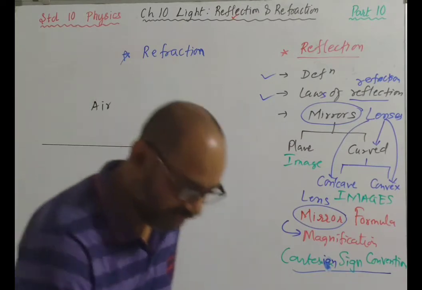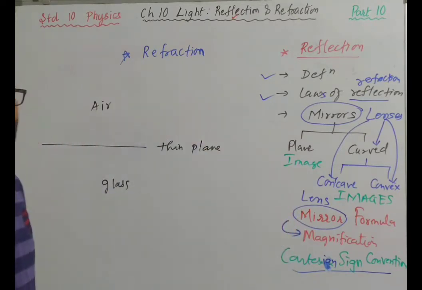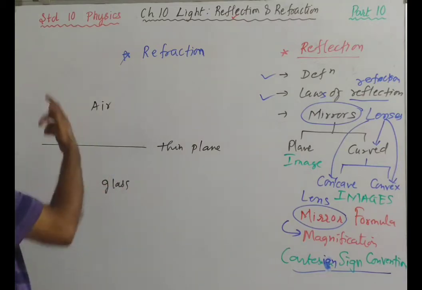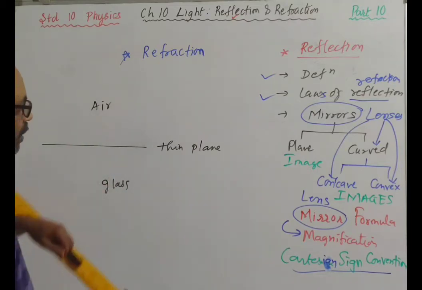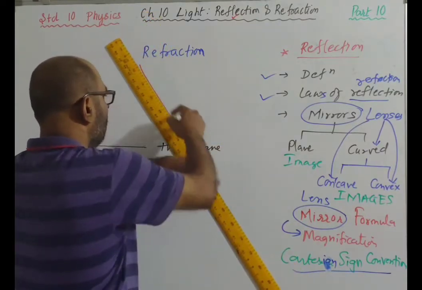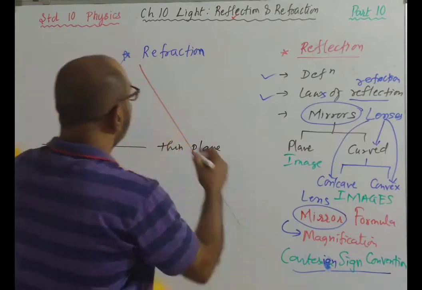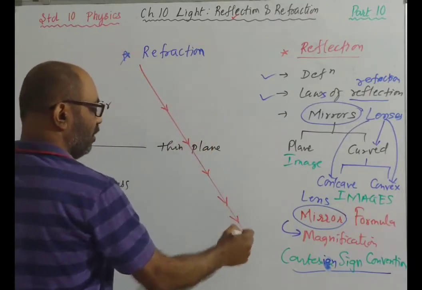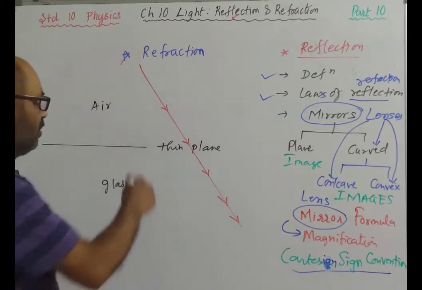We'll see what happens when light travels from one medium to the other, from air to glass or from glass to air. Children, you know how light travels. You know, light always travels in a straight line, correct?